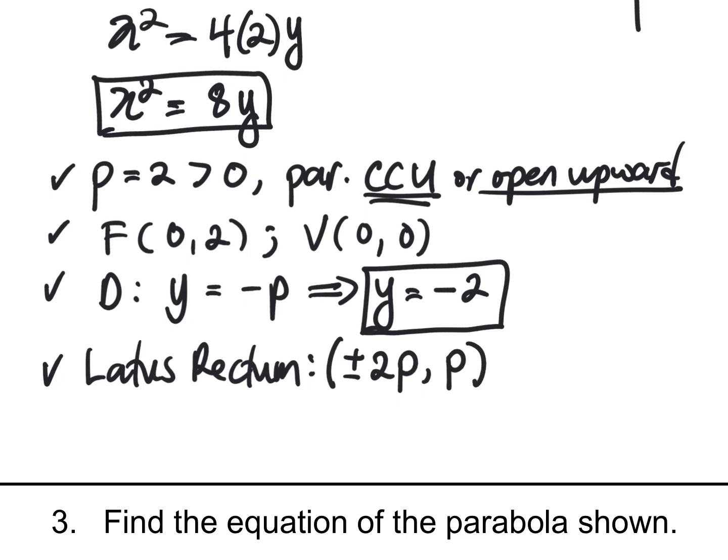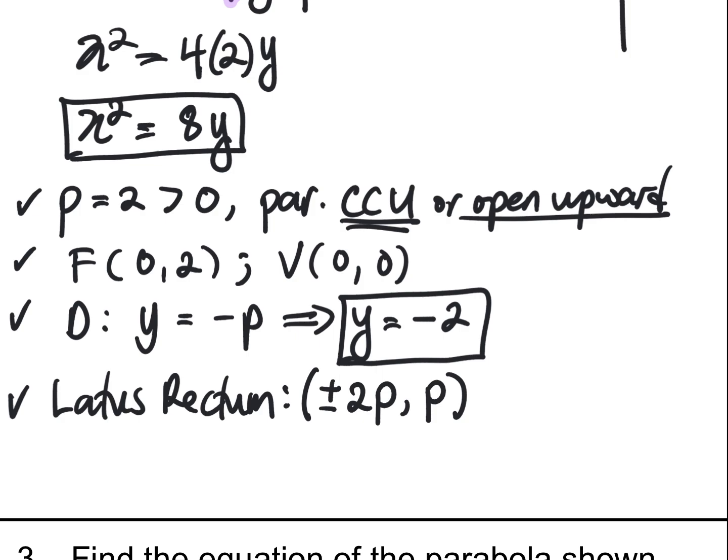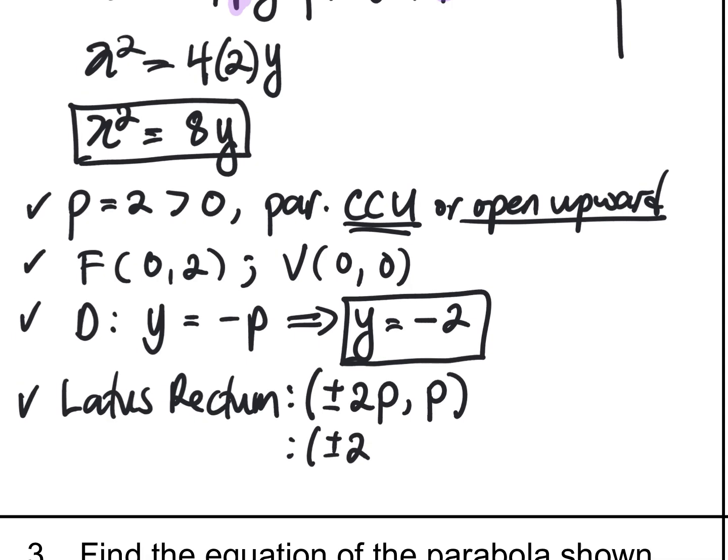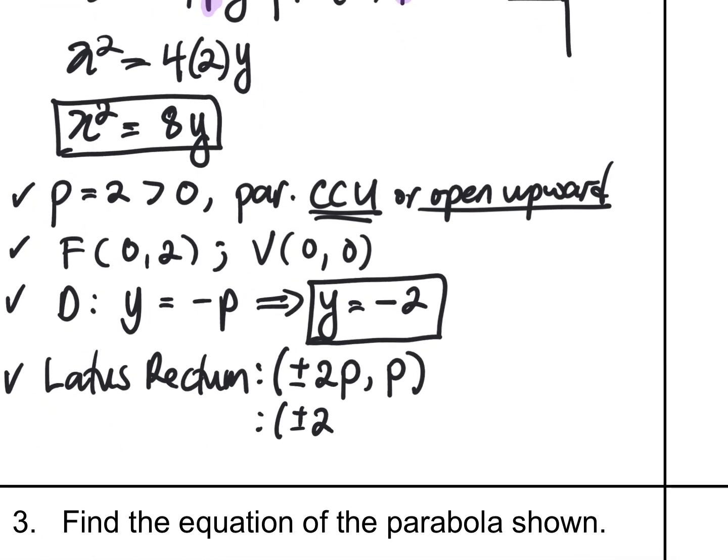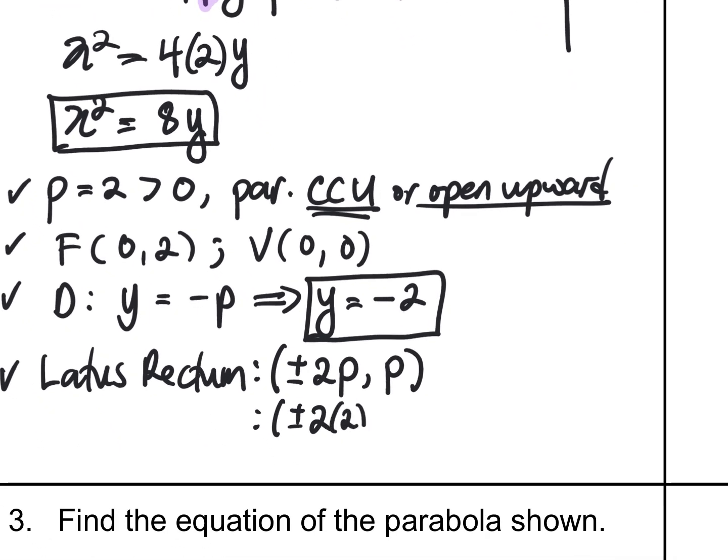In this case, the value of your p is only 2. So let's put our coordinates for the latus rectum. That's going to be plus or minus 2 times 2, 2. Simplifying it further, this is going to give me plus or minus 4, 2.